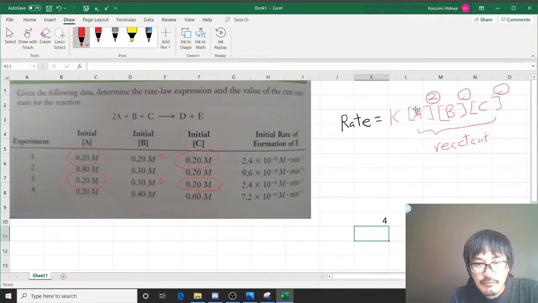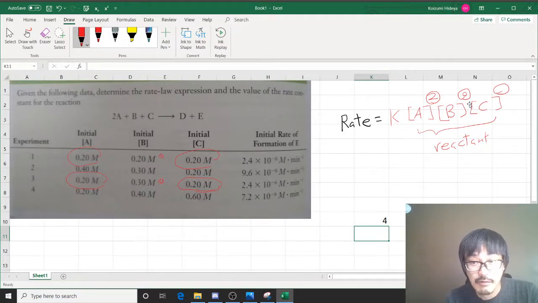When that's the case, the power is actually 0. Although the concentration of B changed, the rate itself didn't change while the other concentrations were fixed. Only the concentration of B changed, but the rate didn't change.